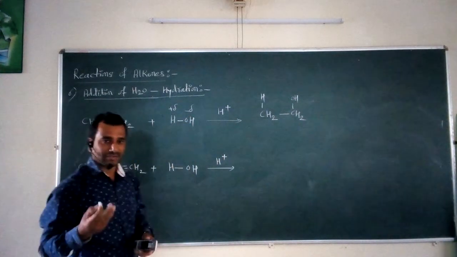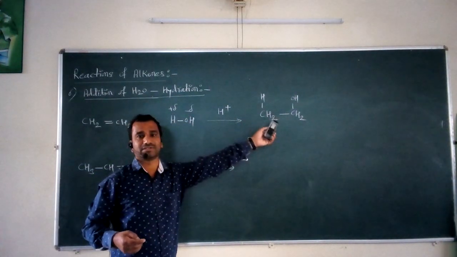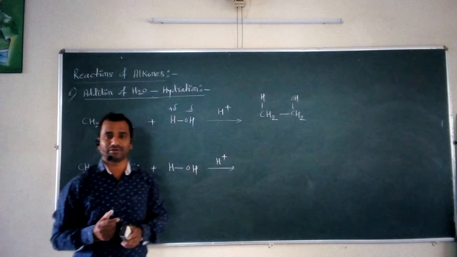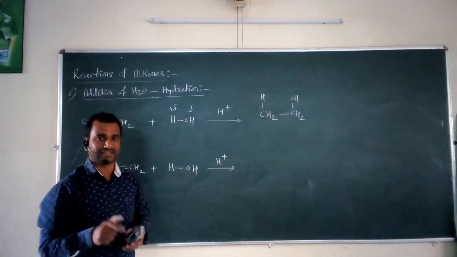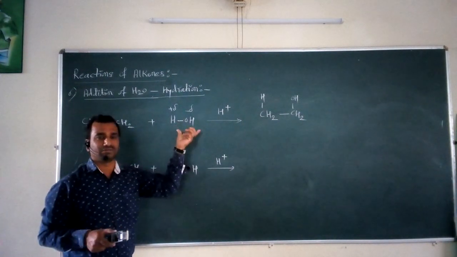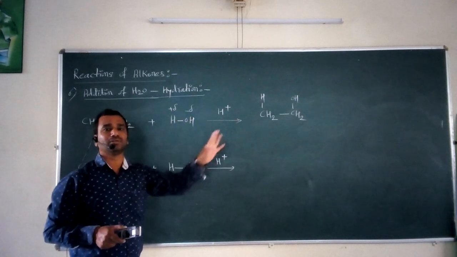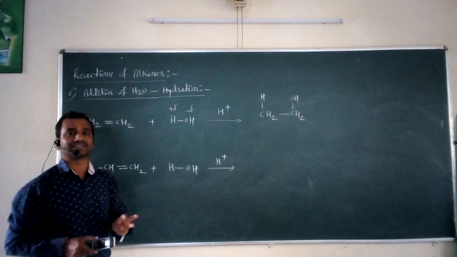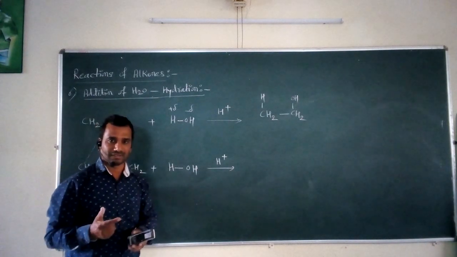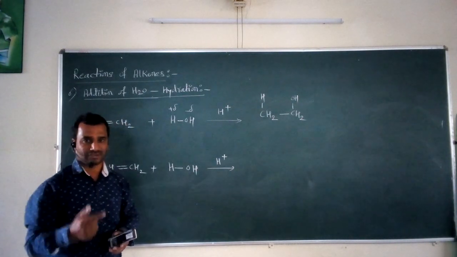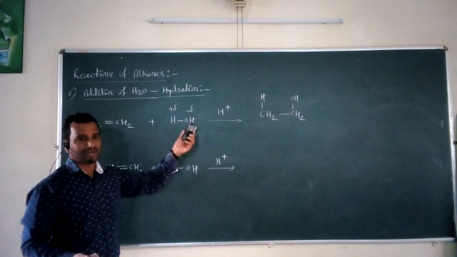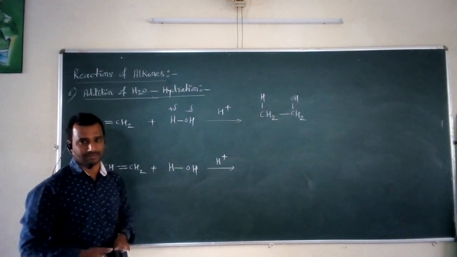So you will get CH3 single bond CH2 OH, and that is nothing but the formation of alcohol. So when this alkene interacts with water in the presence of a suitable acidic catalyst, you get alcohol formation. This is the next important reaction given by alkenes, called the hydration reaction. Why is this a hydration? Because a water molecule is added to the carbon-carbon double bond.